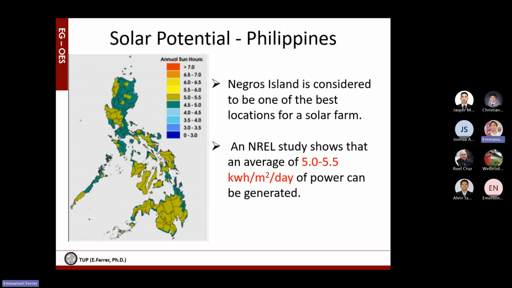So, kung kaya yung solar potential, yun yung kilowatt hour, that's already energy. No? Energy, sunlight, no? Energy that can be produced in a day per square area. So, kumakain din talaga ng space.